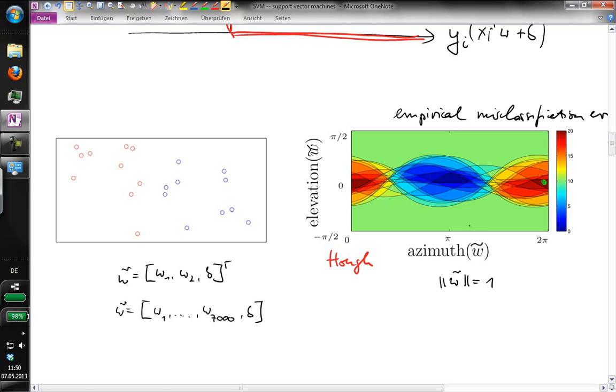Then I obtain a corresponding energy or empirical misclassification error surface, which is much, much higher dimensional than the one you show. And on this surface, we want to find the sweet spot. So the sweet spot, the area with the smallest possible misclassification error.